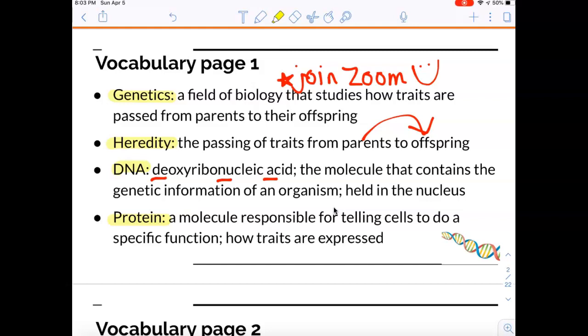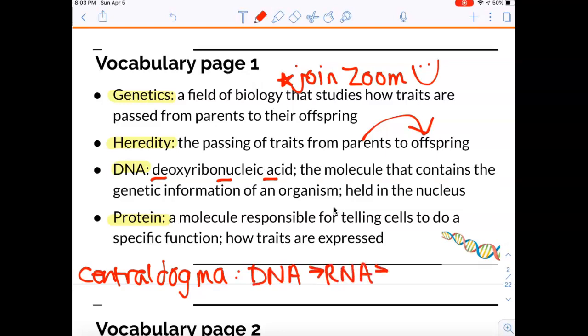If you'll recall from last chapter with the central dogma, we have DNA that gets converted into RNA, which makes a protein, which expresses a trait. Notice how all this stuff is starting to connect.